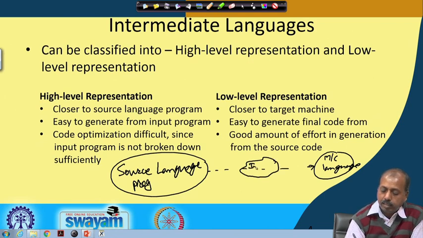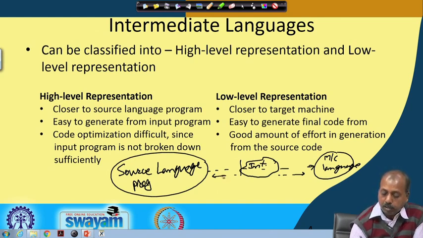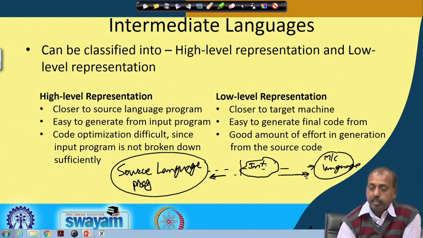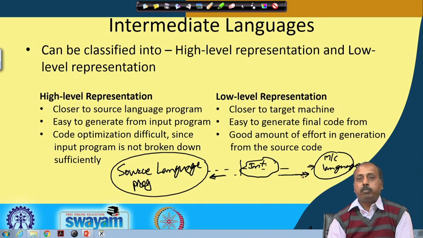So, this is the intermediary. Now, you can make this intermediary language close to the source language, or you can make it close to the target language. If you make it close to the source language, we call it a high level representation, and similarly if you make it close to the machine language, then we will call it a low level representation.